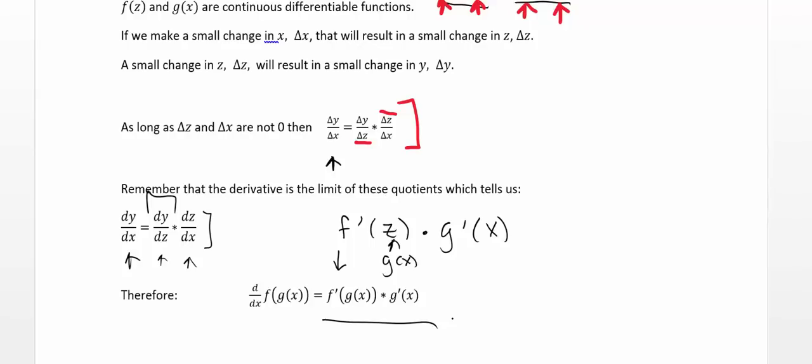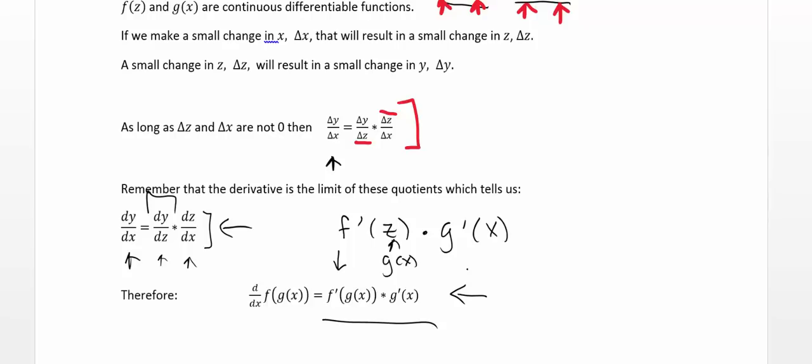So there's two different ways we can write the formula for taking the derivative of a composite function. The first is with the Leibniz notation up here. dy dx equals dy dz times dz dx, or with the Newtonian notation down here, that the derivative of f of g of x is f prime of g of x times g prime of x. We're going to use both of these formulas in different ways, and the one that you're going to use is really dependent on the information that you have.